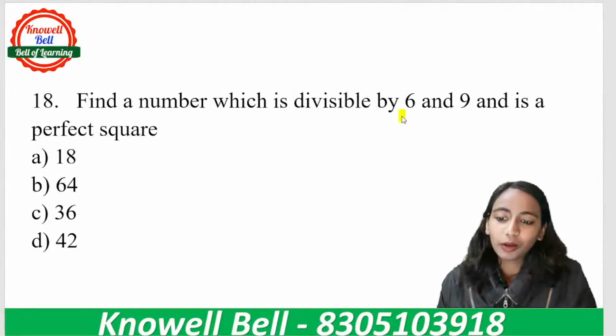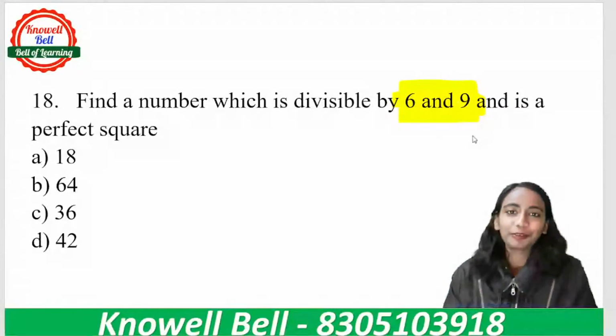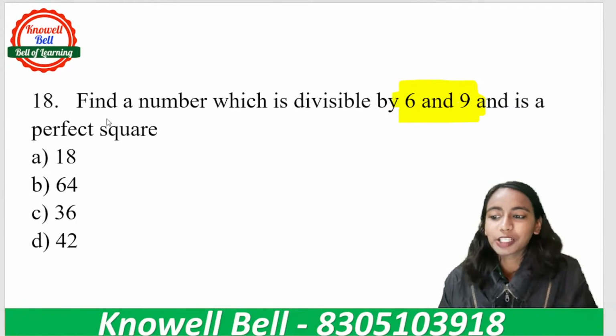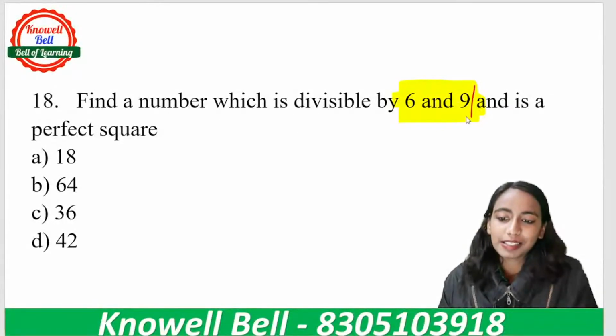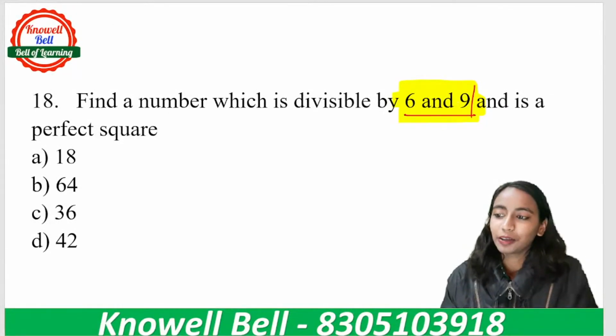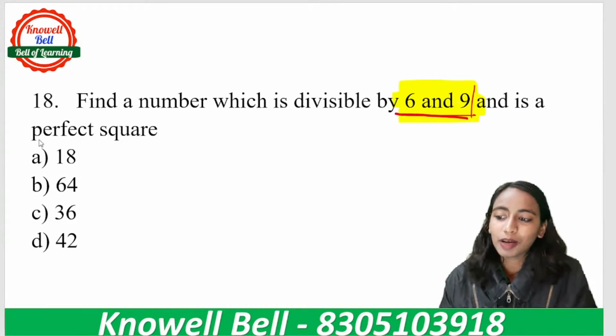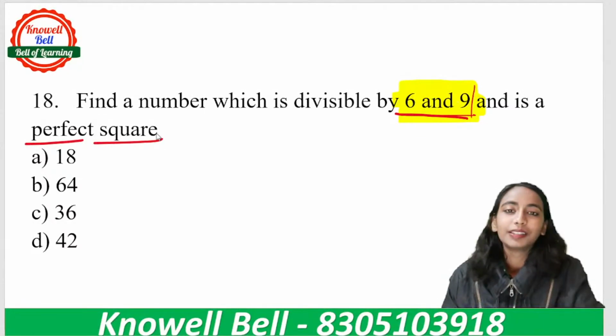So this is called being happy. Okay, we read the question a little, we got to know that we know the answer and we became very happy. So I think most of you read the question till here: find a number which is divisible by 6 and 9. Didn't you? What is given after that? That this number also has to be a perfect square. Isn't it?